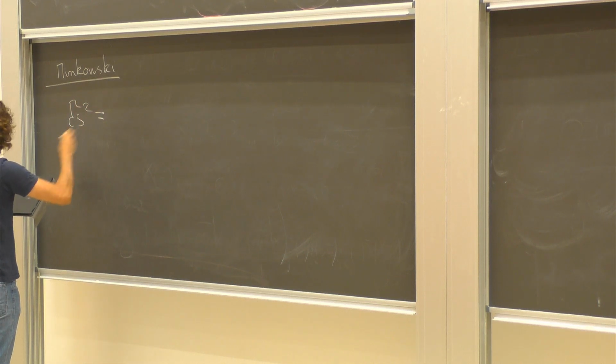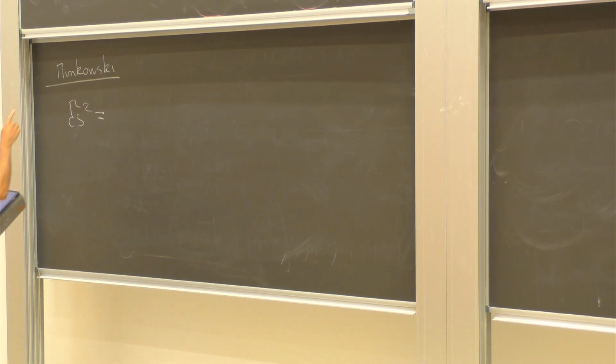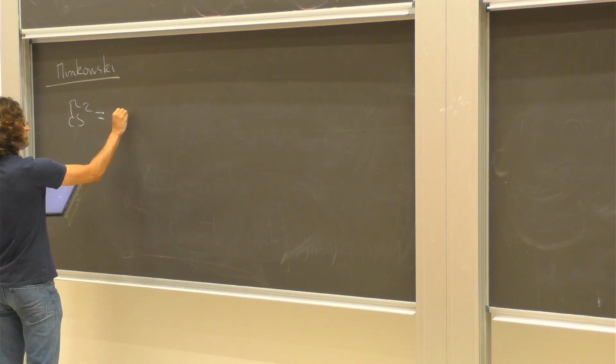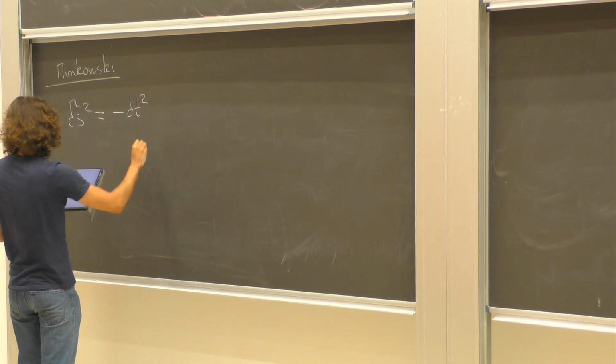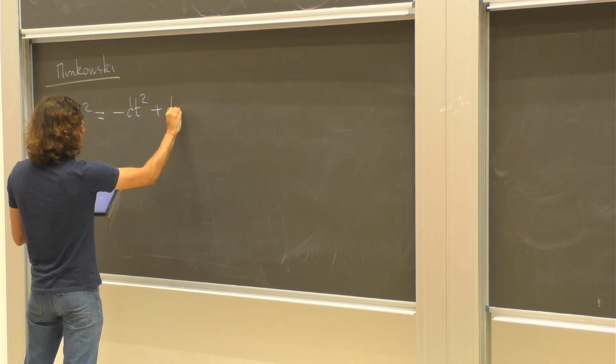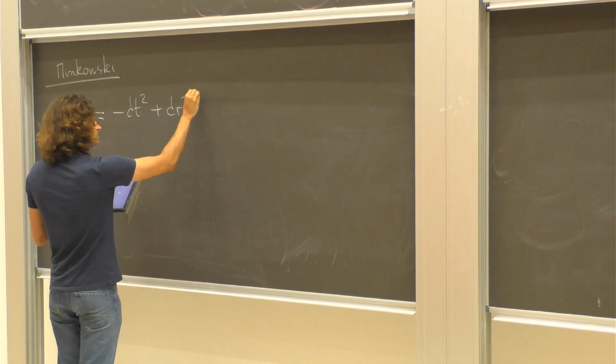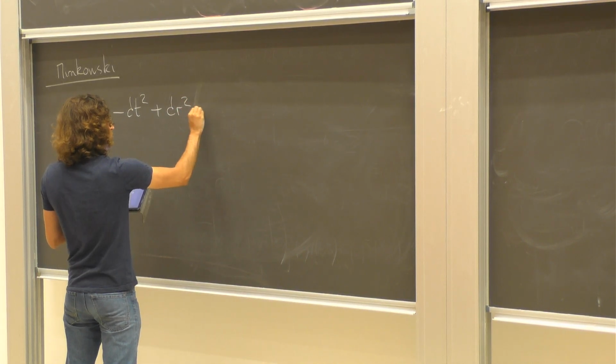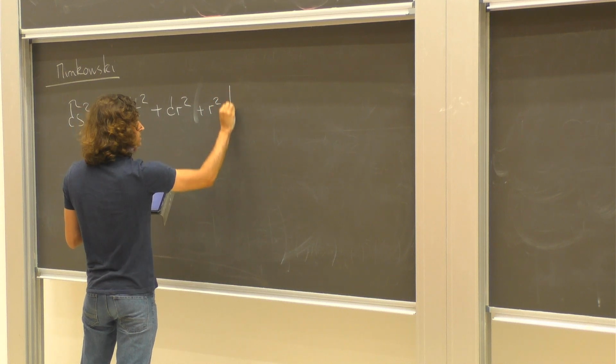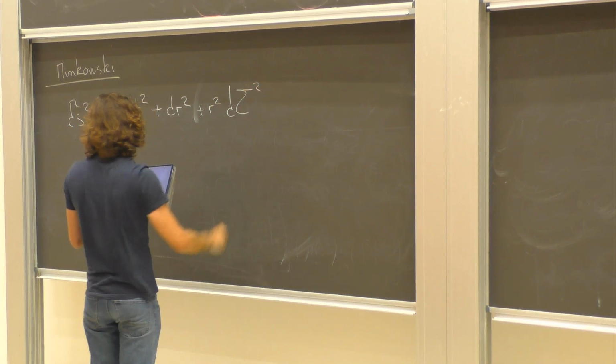I'm going to write the line element with a tilde. So the physical metric is going to have a tilde everywhere on it. Minus dt squared plus dr squared plus r squared d sigma squared.